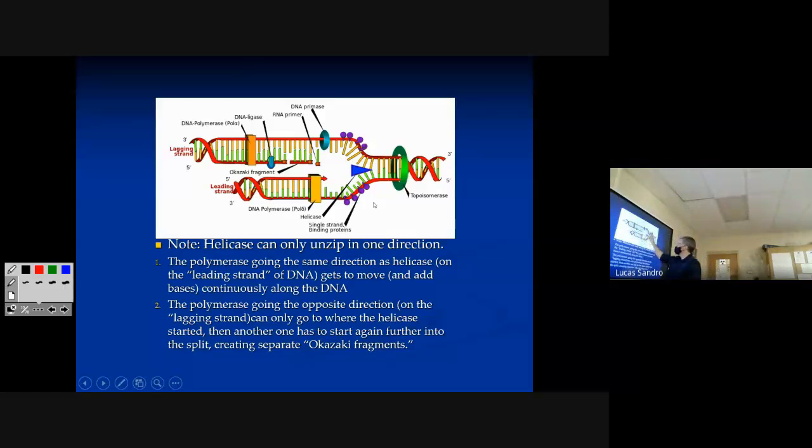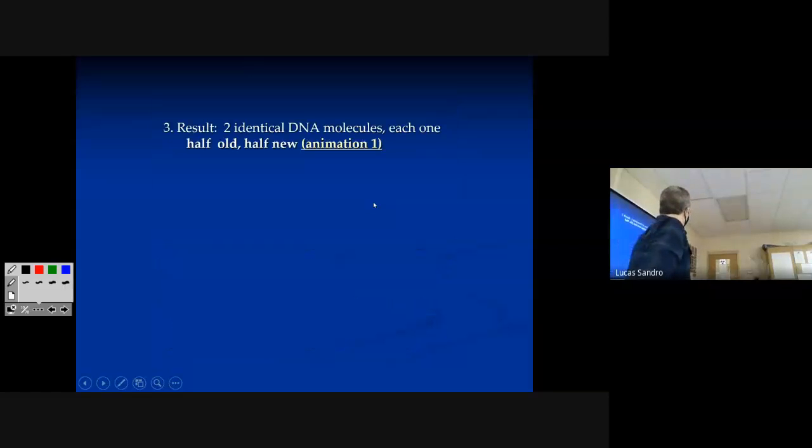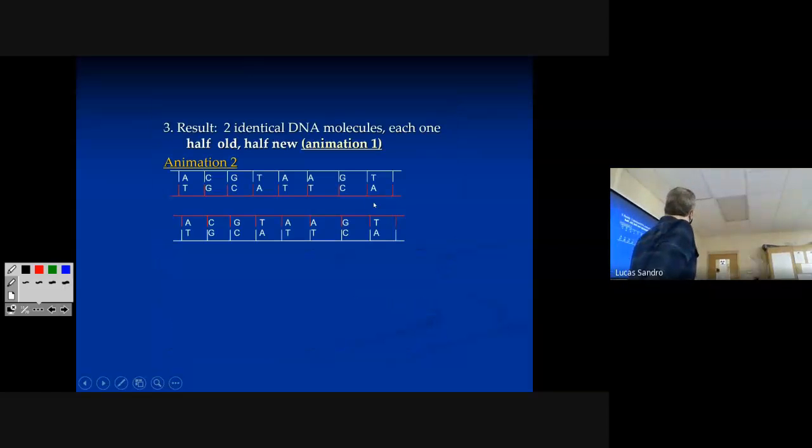How much of each of those things is new DNA? Half. These are half new double strands. We've used each half of the old strand to build new halves. So half old, half new. That's the thing I'll leave you with here: we have two identical DNA molecules, each one half old, half new.